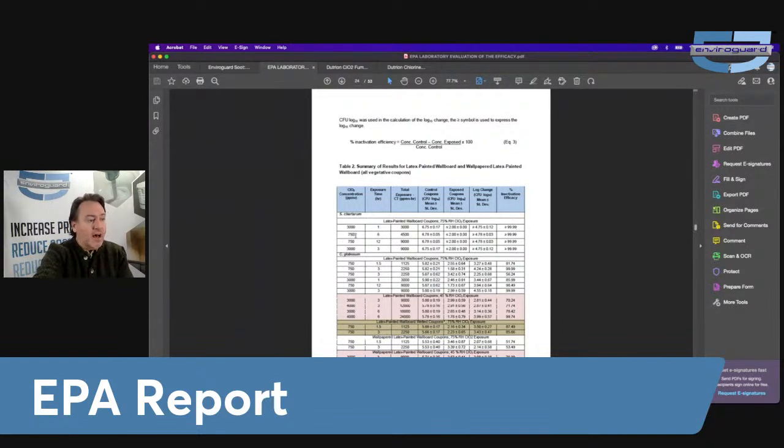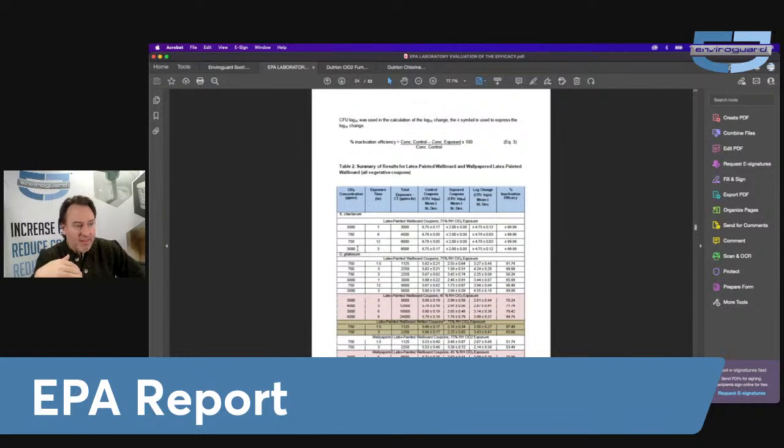In the case of 750 parts per million over 6 hours for a total of 4,500 parts per million, we also reached that. And this is on latex painted wallboard. And this is Stachybotrys that we're talking about. If we look at an exposure of 750 parts per million over 12 hours, giving us 9,000 total parts per million over that period of time, again, we get a log rate of 4.